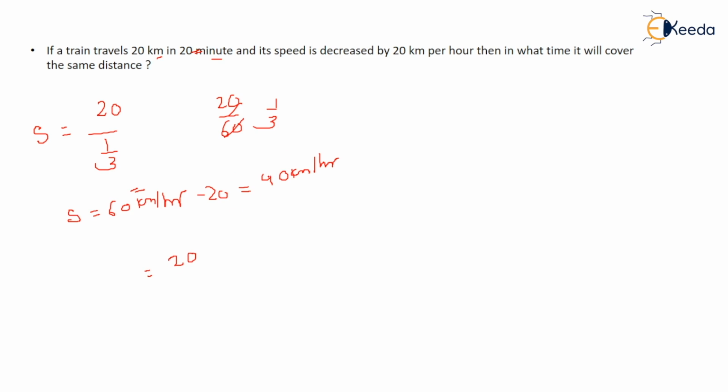And now the speed is 40 kilometer per hour. So the time will be 1 by 2 hours. You have to convert this into minutes, so you multiply it by 60, and it comes out to be 30 minutes. Easy, easy. Let's move towards the next question.